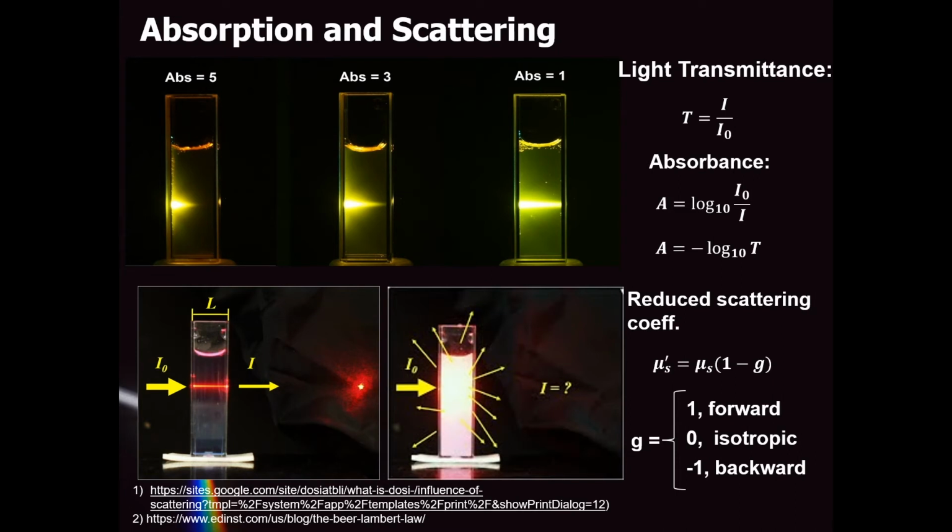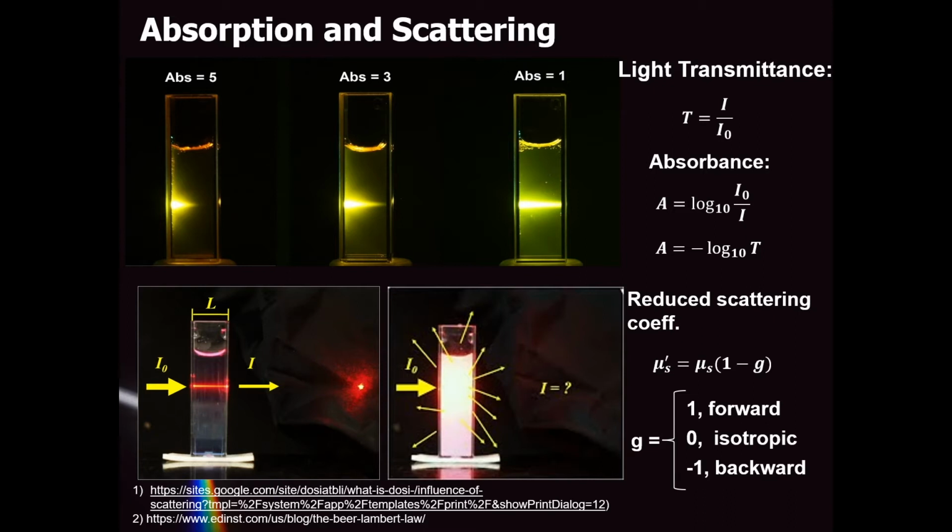And in this slide, in the top figure, you can see this phenomenon. For example, when we go from the right side to the left side, the absorbance is increased, but the amount of transmitted light, as you can see here, is decreased compared with this one. On the other hand, scattering can be caused by particles of different sizes inside the medium.